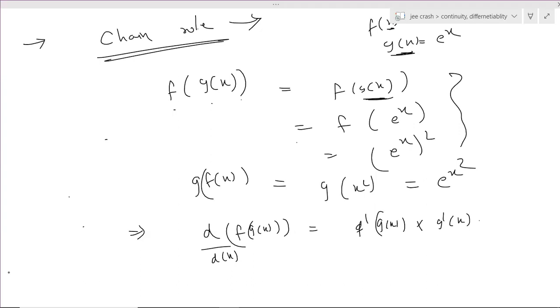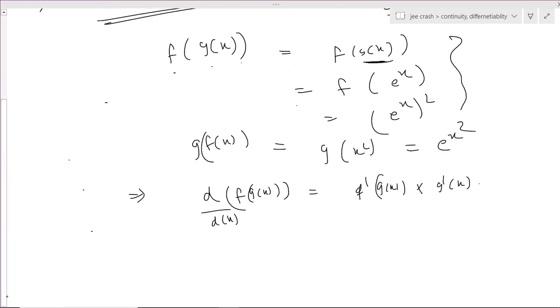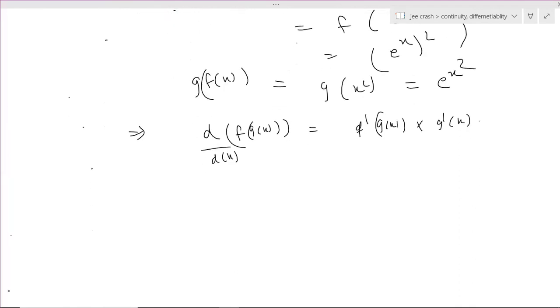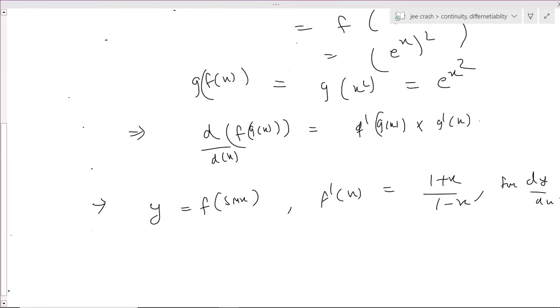For an example, suppose they give you y equals to f of sine x, and f dash x is 1 plus x upon 1 minus x. Then find dy by dx.